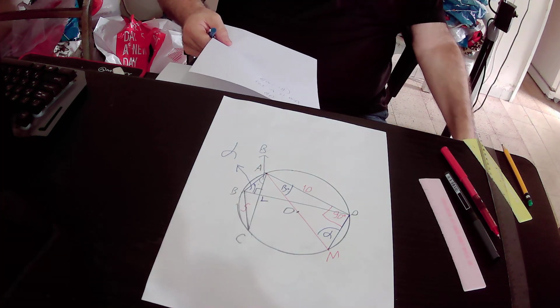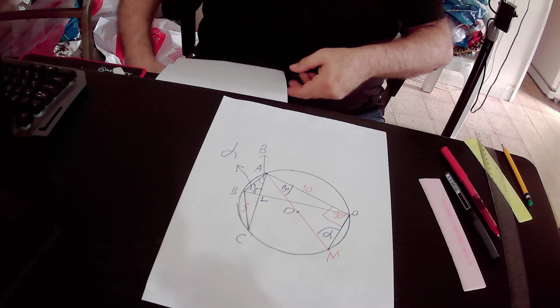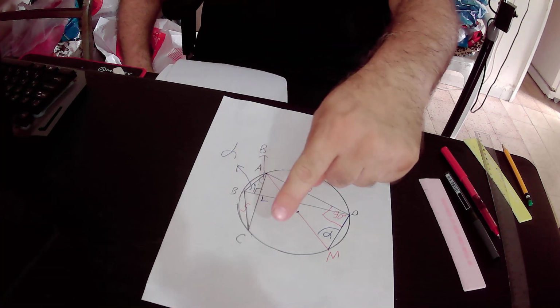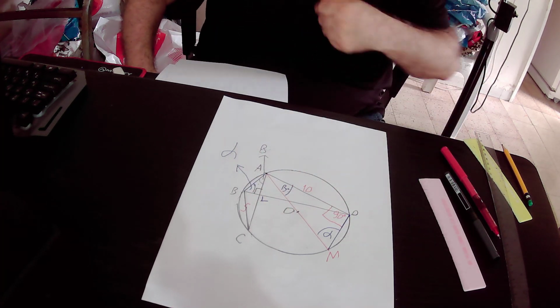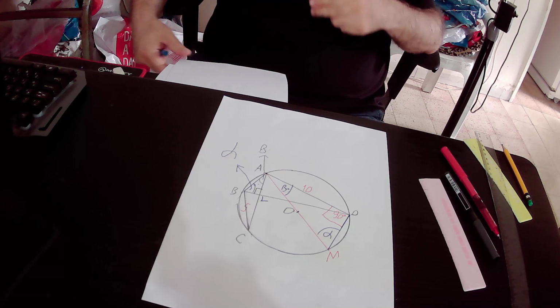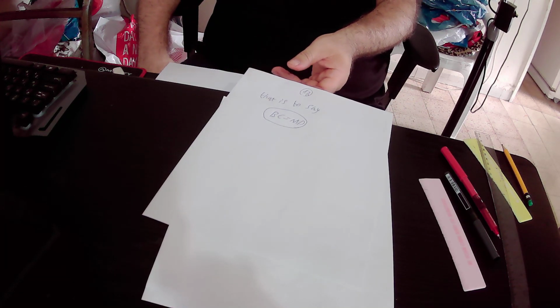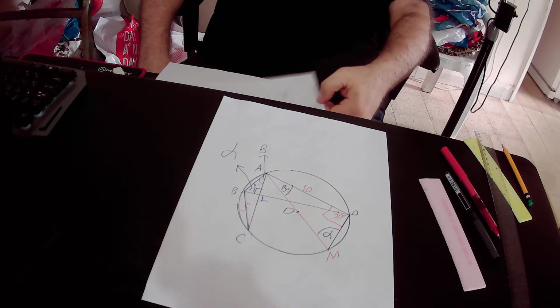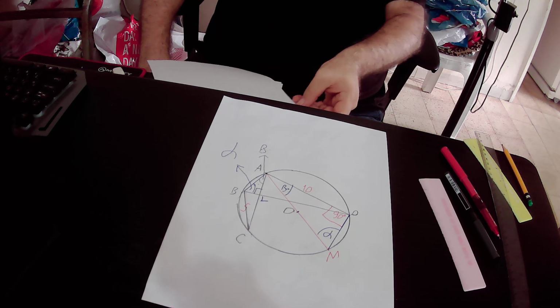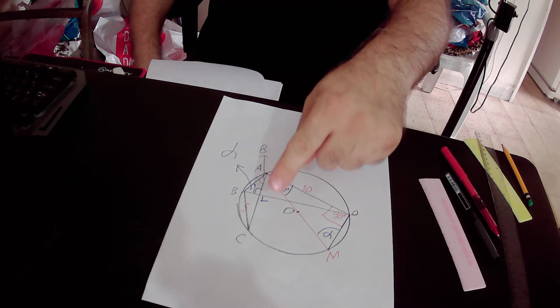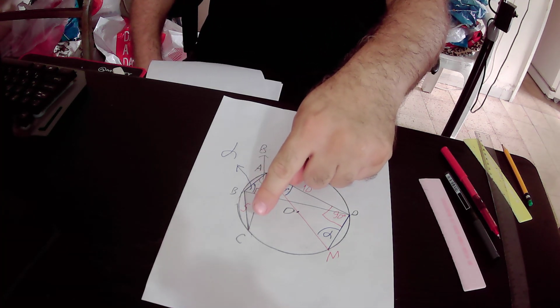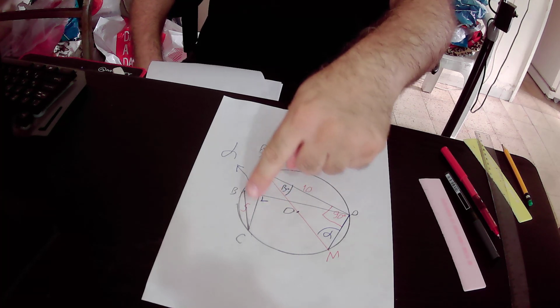So we know that according to rule number 3, BC equals MD. Chord BC equals chord MD, but it is given to us in the question that BC equals 5 units.